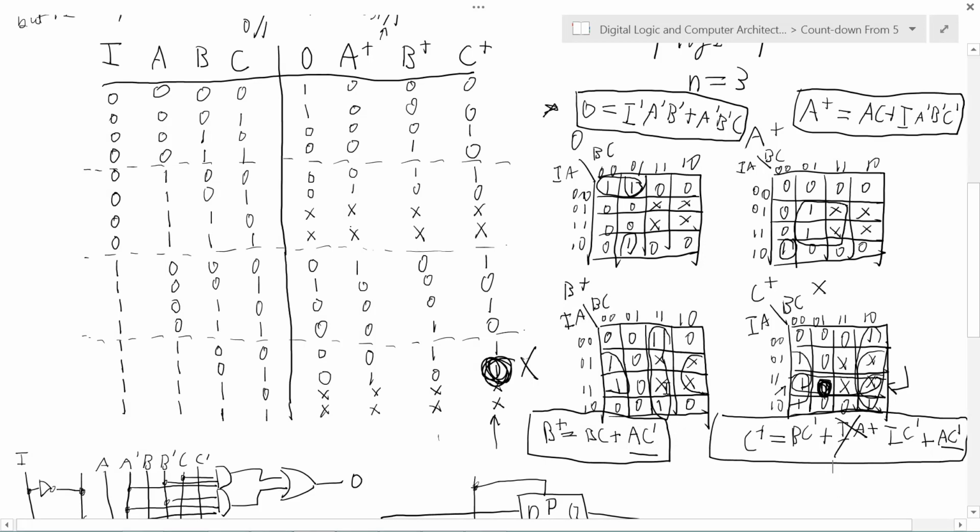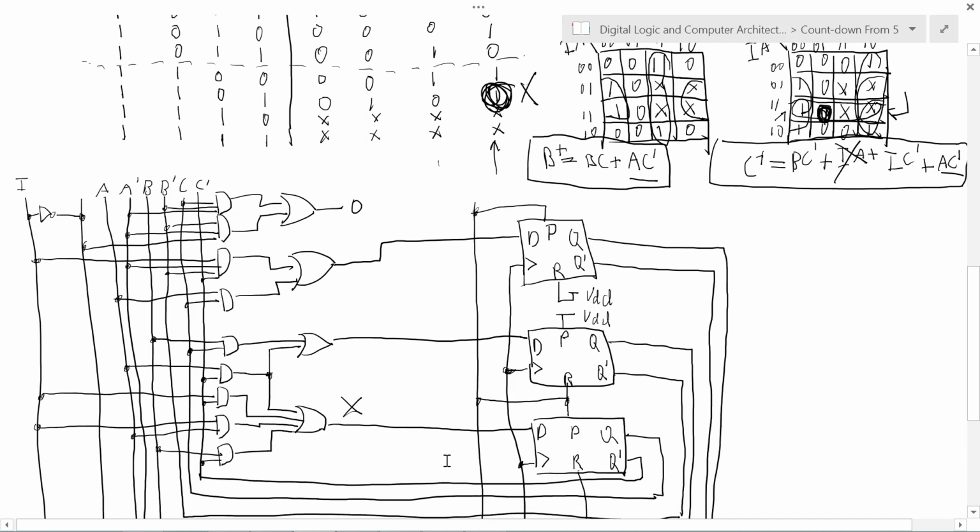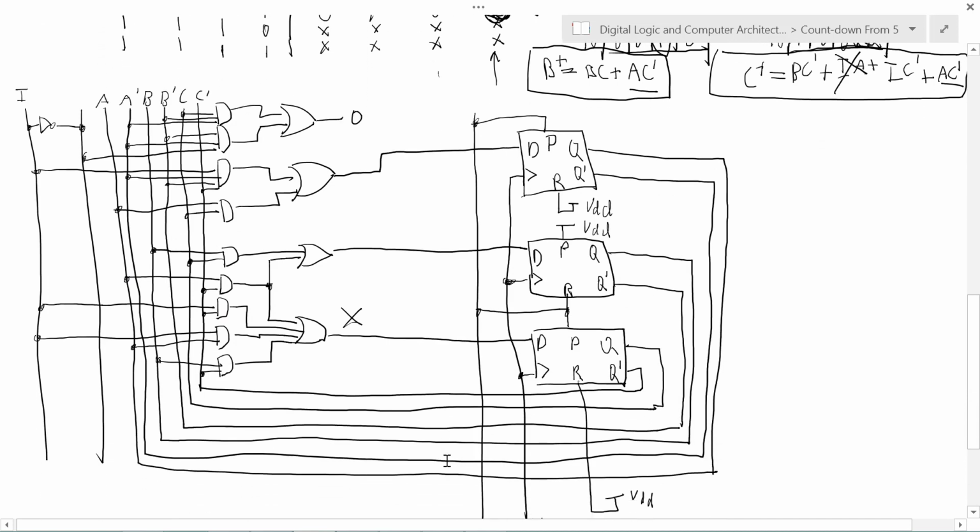If we listed zeros or ones for these x's, the state machine would still be correct, but we would have more logic gates for O, A+, B+, and C+. Another issue we discovered was that even though we went through our circuit and we were able to develop a diagram, it's still possible to have errors.